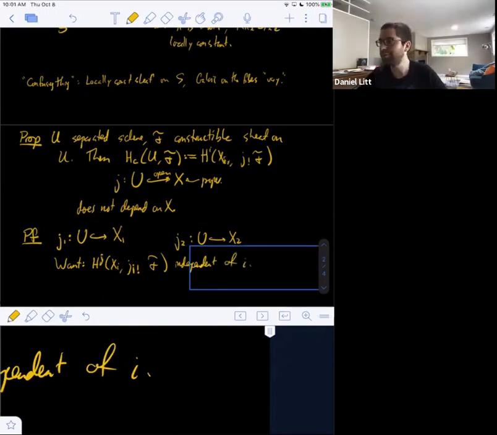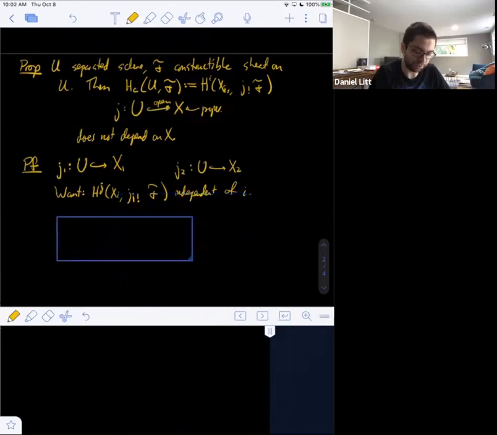So how would you go about this? How would you produce a map between these two things? Any thoughts? My suggestion would be to dominate them both by a third compactification.